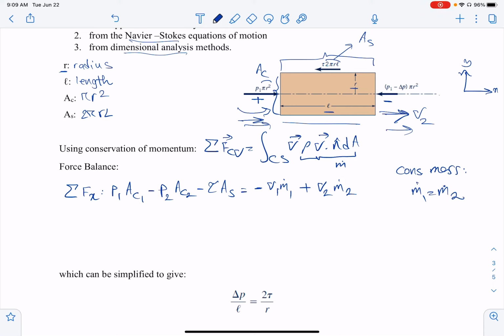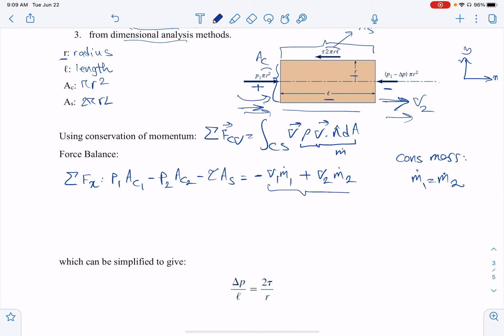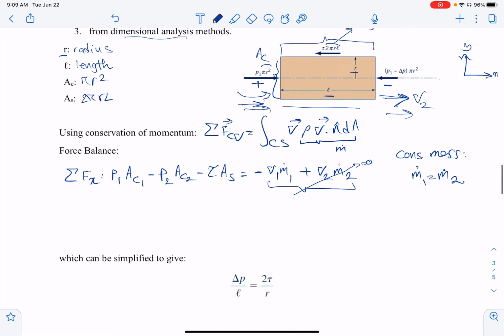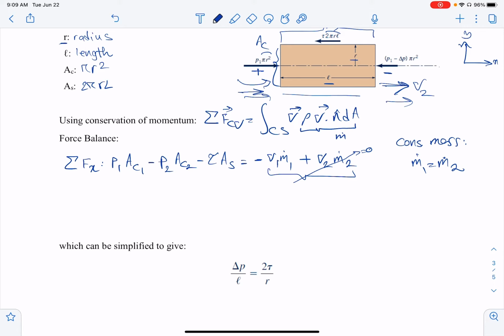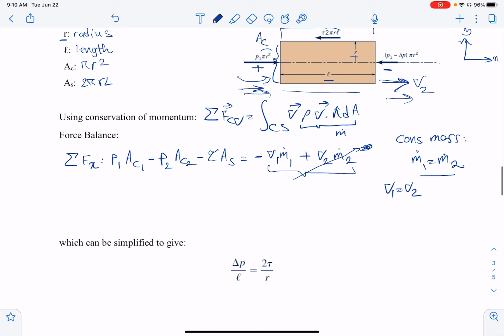So we can just say that this is going to be 0, because also V1 and V2 are going to be the same, right? So then V1 and V2 are the same, and this is why it's going to be 0 right here, because the areas AC1 and AC2 are the same, right?